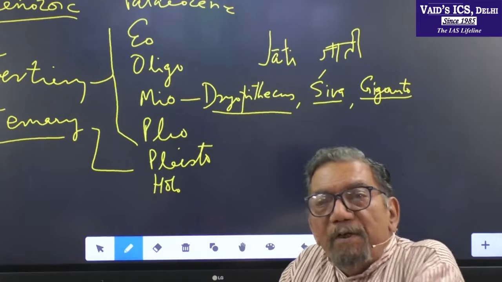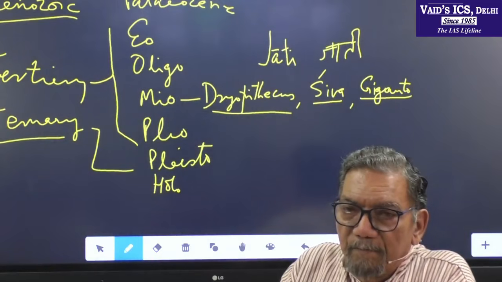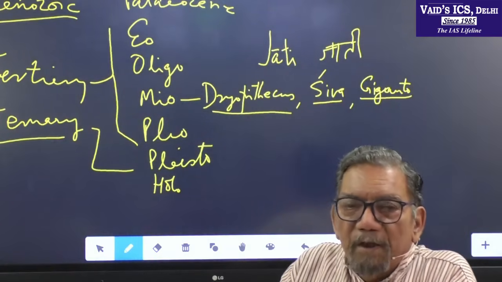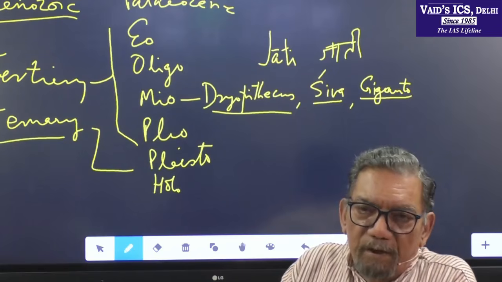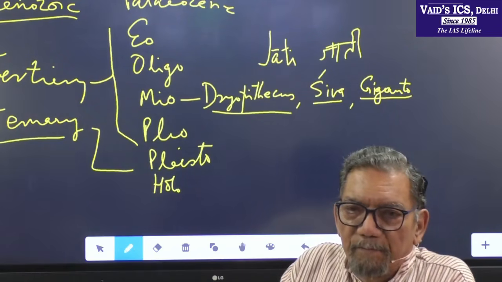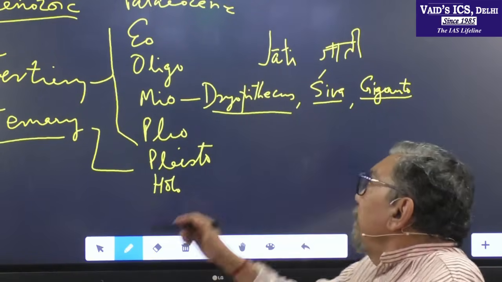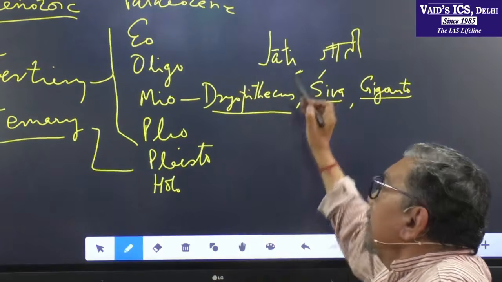So anybody will read it jati only. The short vowel doesn't take it, only the long vowel takes it. A, I, U. That is why here you don't have any matra.